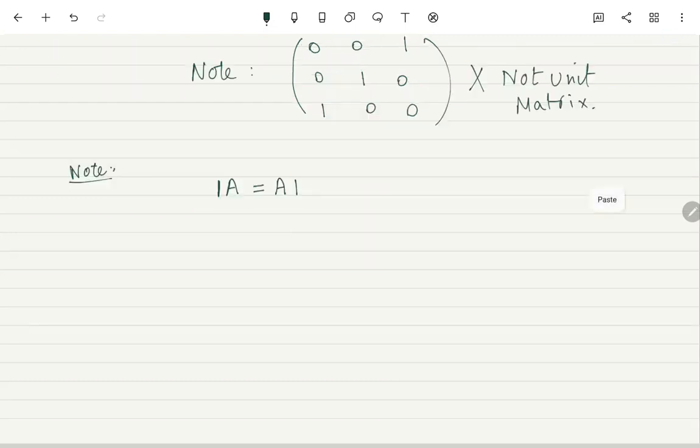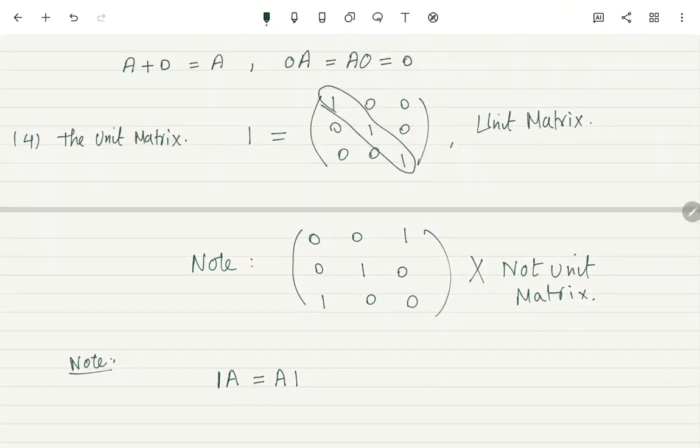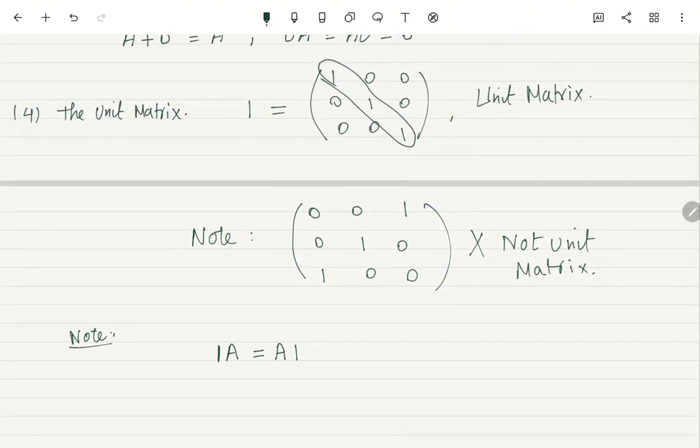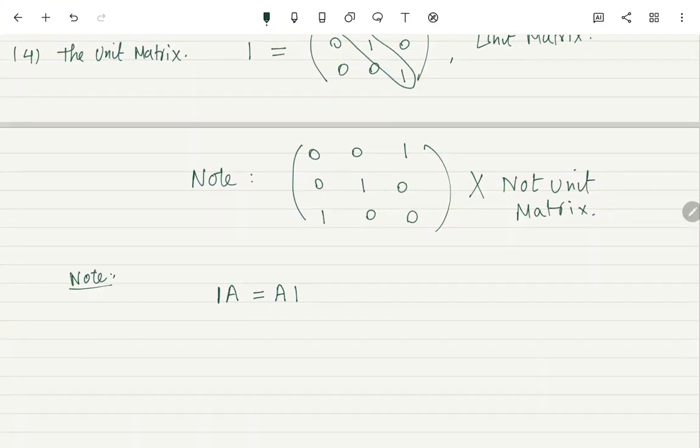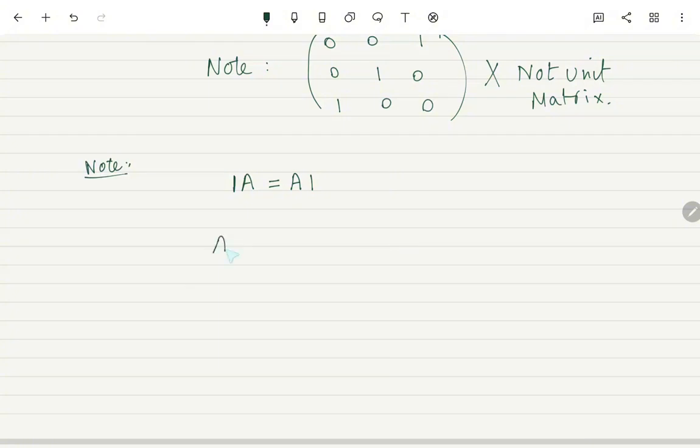Now let's define the diagonal matrix. We defined the unit matrix, and from its name, the diagonal elements are all ones. But if the diagonal elements are not ones, in this case it's called the diagonal matrix, like this one here. And this is called a diagonal matrix.